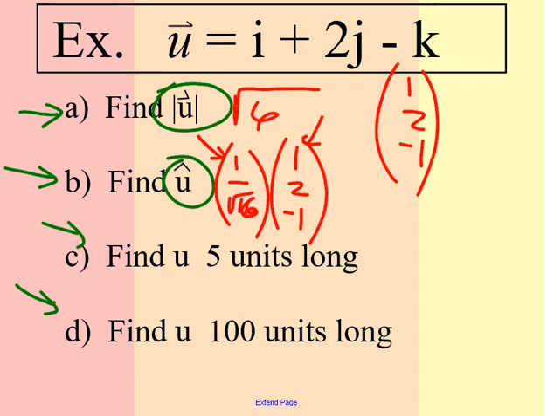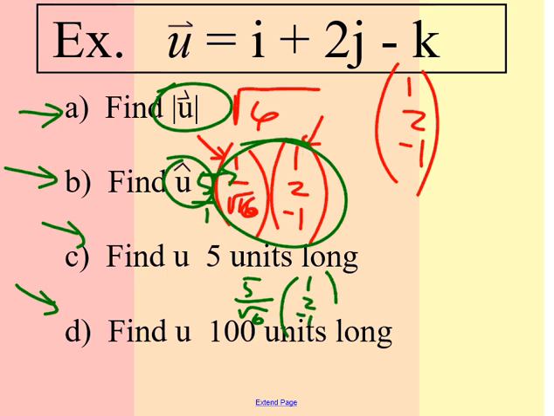So then if you times that by 5, it'll become 5 units long. So if I times this by 5, I'm just going to times by 5 right here in front, which will jump up to the top because it's really 5 over 1, right? So then it becomes 5 over root 6 times 1, 2, -1. And you could, of course, multiply that out to each little piece if you wanted to. Same thing for the 100, except it would be a 100 right here.